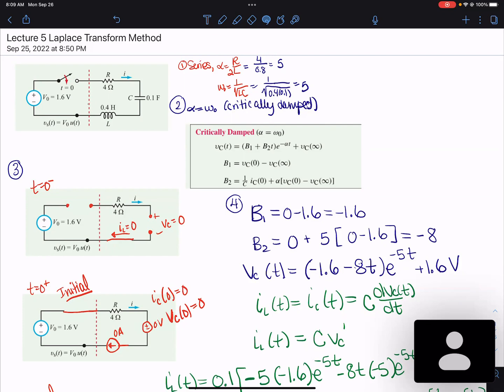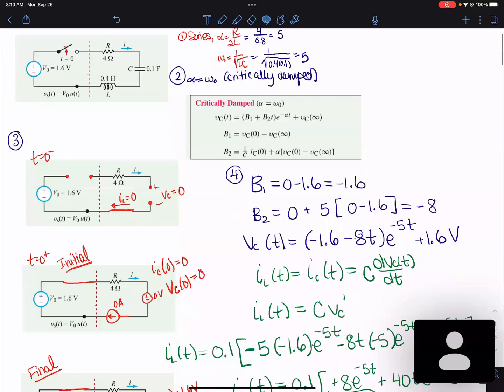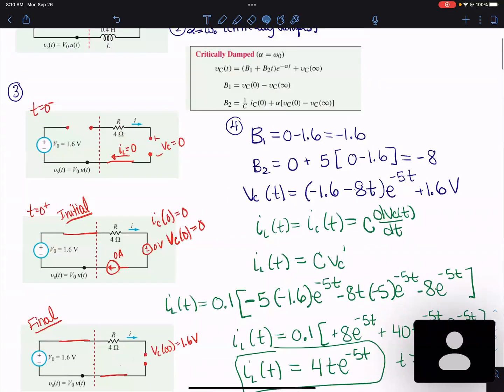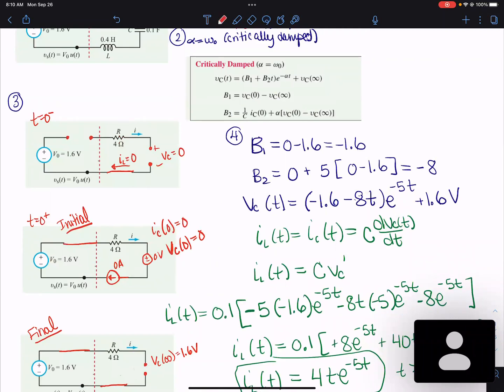This was the method we just learned, where you find alpha, omega naught, and go through that process. In this case, it was critically damped. Then I went through the solution to find v_C. To find i_C from that, you would need i_C = C dv/dt, so I took the derivative.